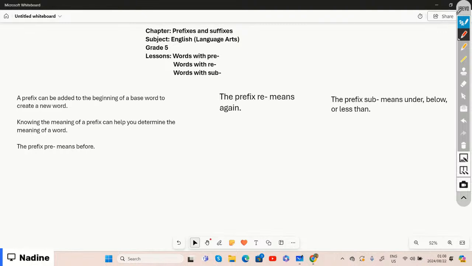When we look at the prefix, it says the prefix pre means before.